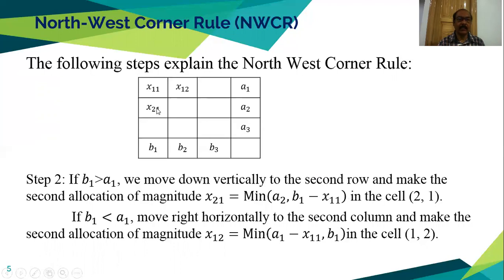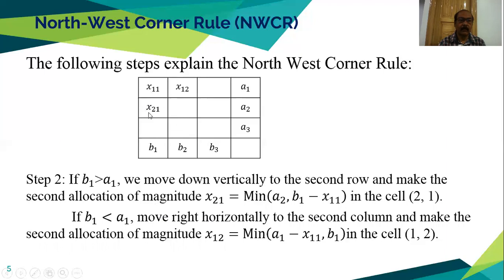Now another case: if B1 is less than A1 in step 1, what do we have to do? That means A1 is greater than B1, so B1 is totally exhausted. That is, the demand at destination 1 is totally exhausted. What is left available is A1 minus B1, that means A1 minus x11.